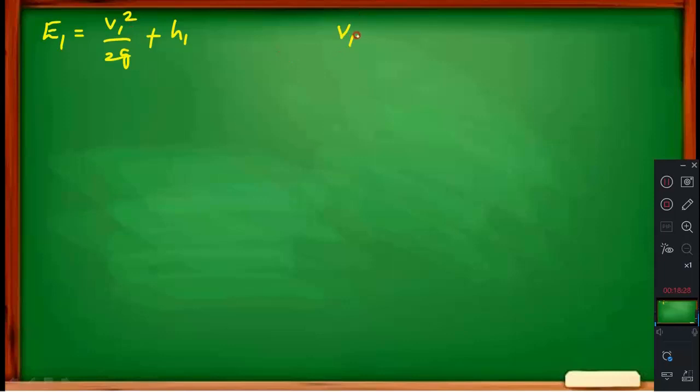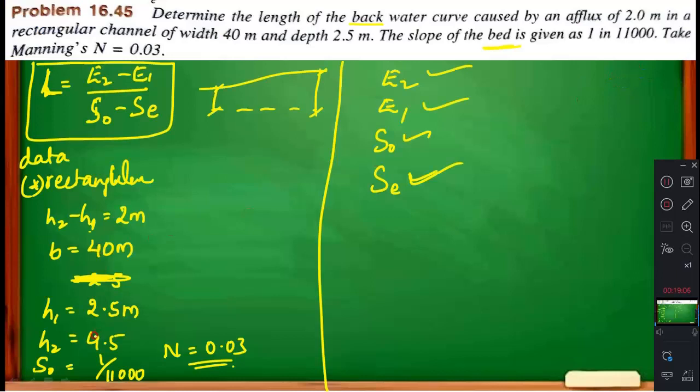V1 is equal to 1 by n into R raised to 2 by 3 into S raised to 1 by 2. This time we use S naught because we want velocity. Now what is R? R is equal to A by P. At section 1, the width is 40 meter and depth is 2.5 meter, since H1 is 2.5 meter.